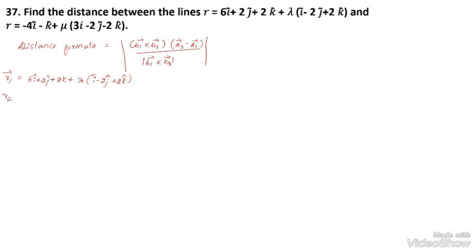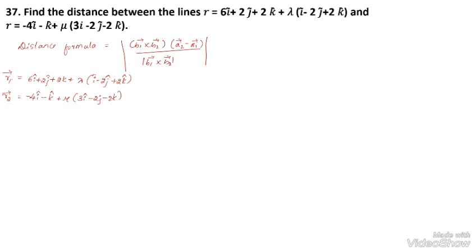Similarly, for the second line, r2 is minus 4i minus k plus mu into (3i minus 2j minus 2k).